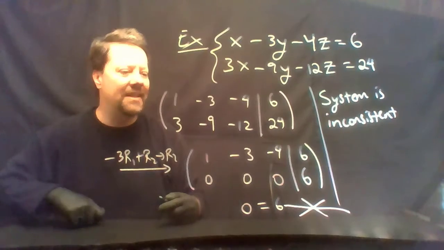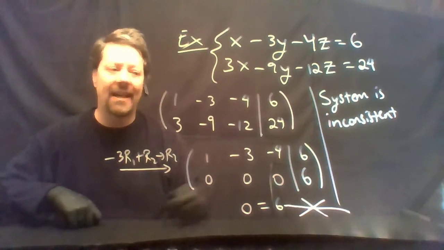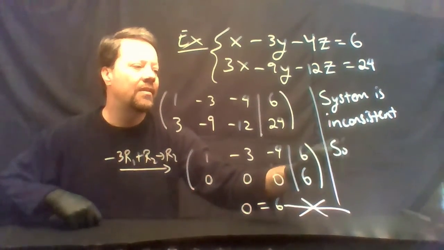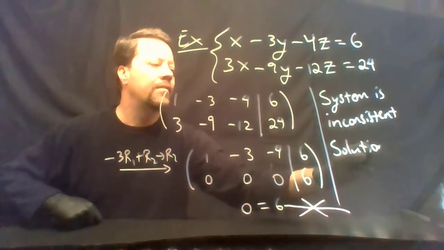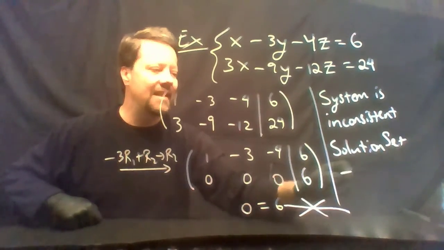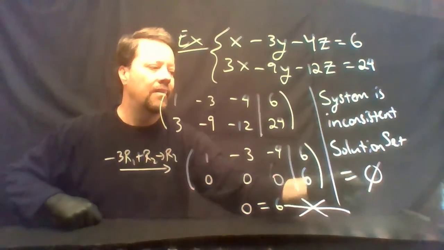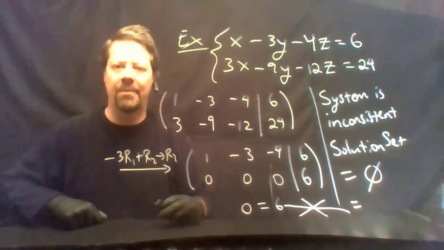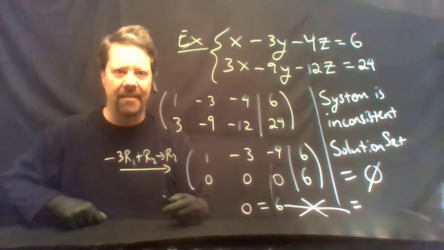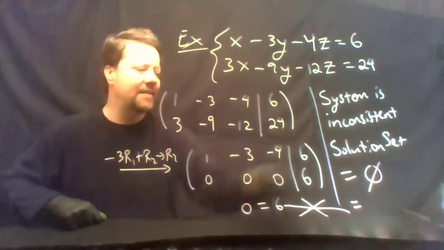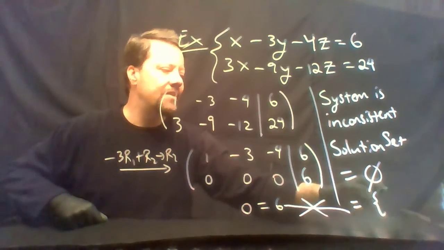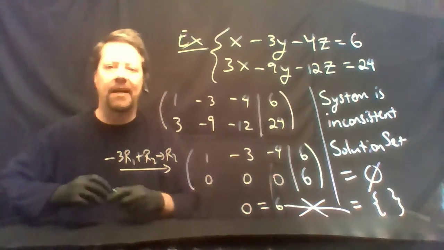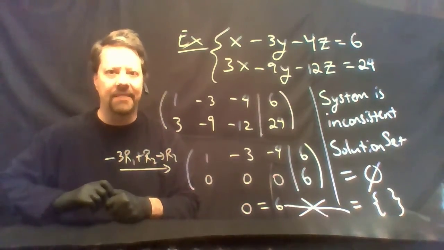The system is inconsistent. It has no solutions. The solution set is equal to the empty set. This symbol represents the empty set in mathematics, and only the empty set. The empty set is also denoted by braces that are empty.